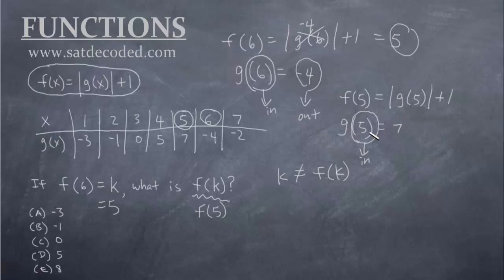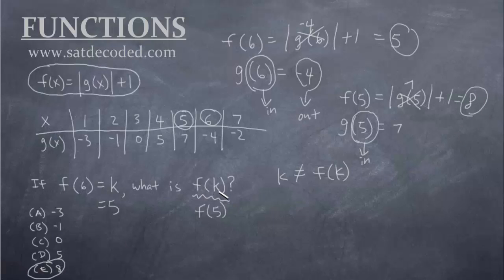Whenever I see g of 5, I can just replace it with the 7. I see g of 5 right here, so I'm going to cross that off and replace it with the 7. If you take the absolute value of 7, it's still just +7. So 7 plus 1 is equal to 8. So therefore, f of 5 is equal to 8. And that is our final answer, choice E.